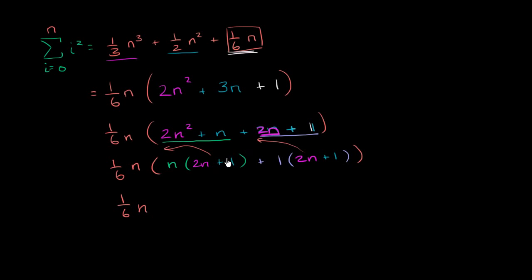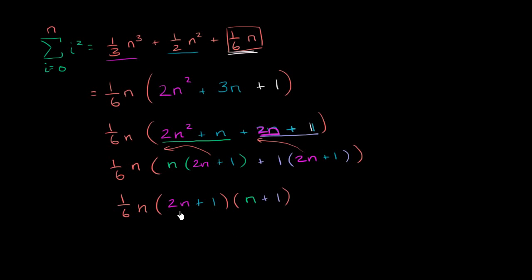And then if you factor a 2n plus 1 out of each of these terms, you're going to have just an n and a 1. So 1/6 times n times 2n plus 1 times n plus 1. And if what I did here was a little bit confusing, I encourage you to review the videos on factoring by grouping.